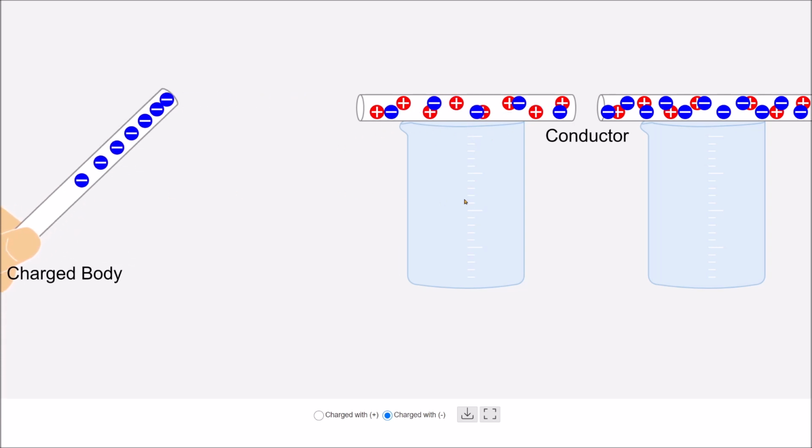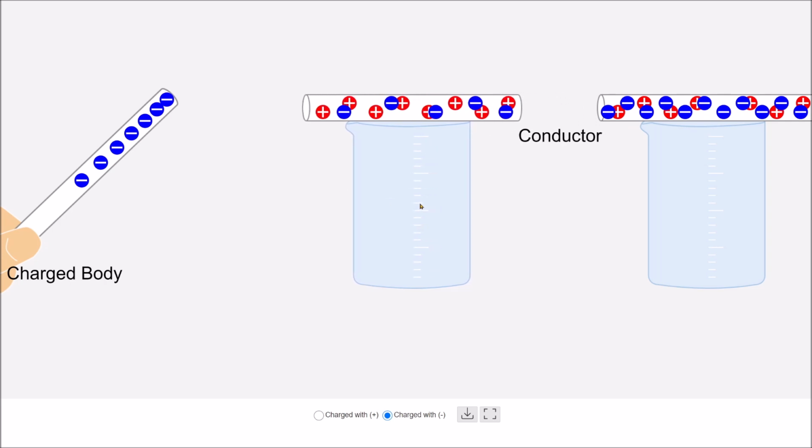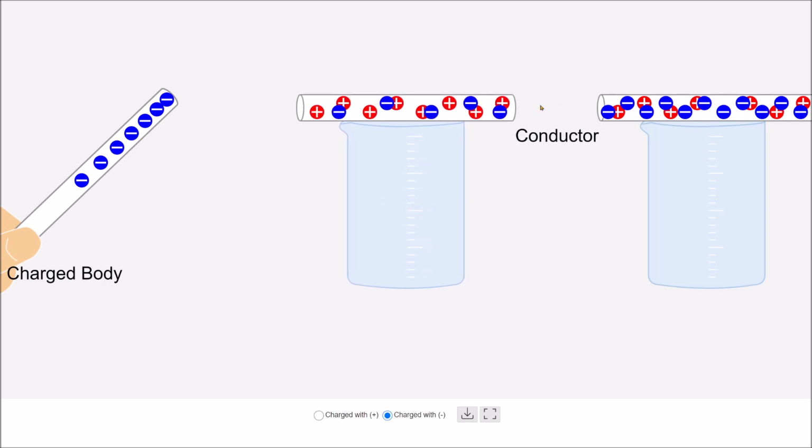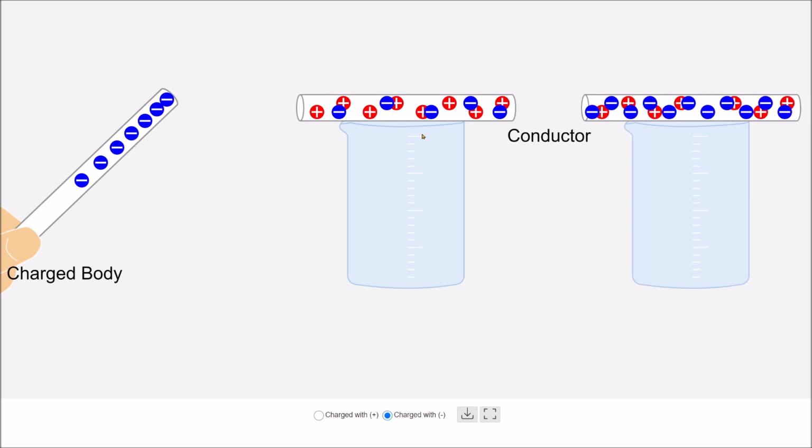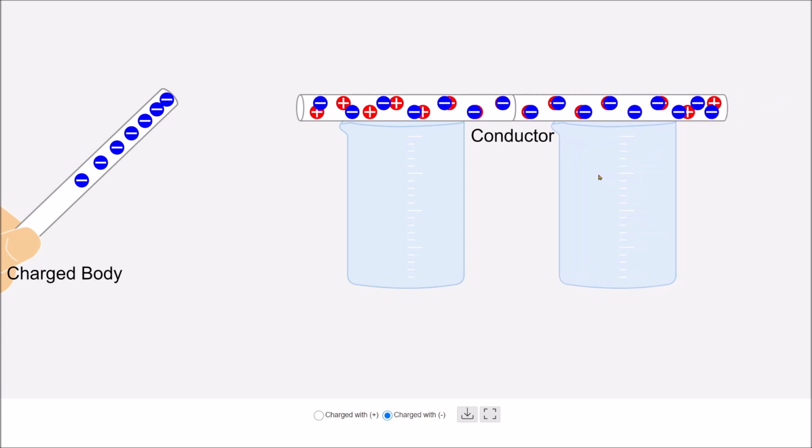When I move these two conductors further apart, the electrons simply stay rearranged such that now we have a positively charged conductor and a negatively charged conductor. Now if I bring this back, the electrons will just flow back and neutralize each other, so it becomes neutral again.